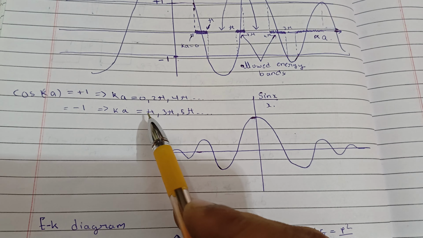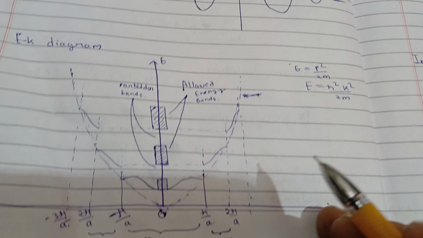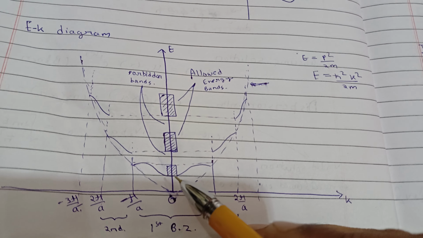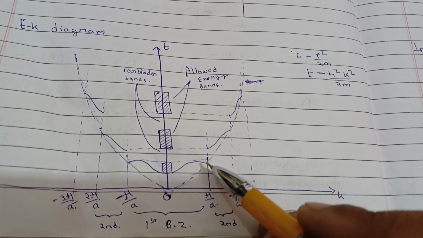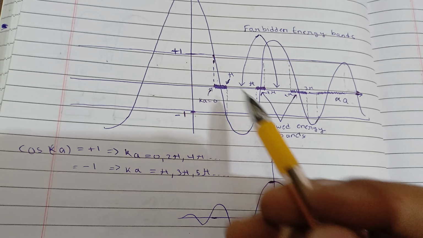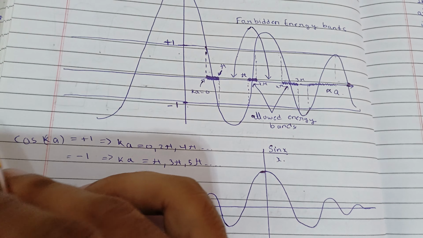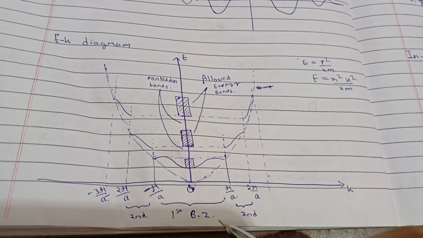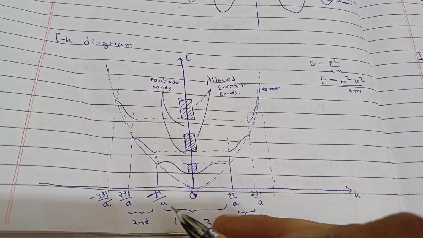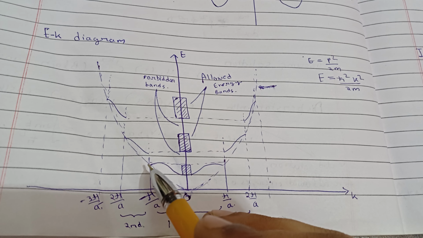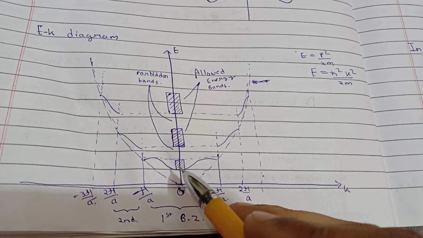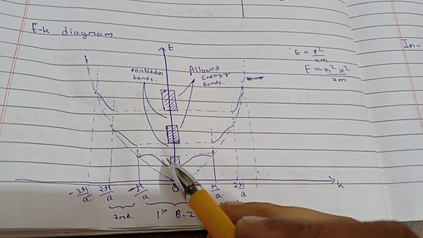So when Ka equal to pi, then K will be pi by a. So the maximum energy of this first band is at pi by a, and these bands we will get on the left hand side also. So when K equal to minus pi, K equals minus pi by a. So we'll get the maximum energy at minus pi by a and pi by a, and minimum energy at 0.